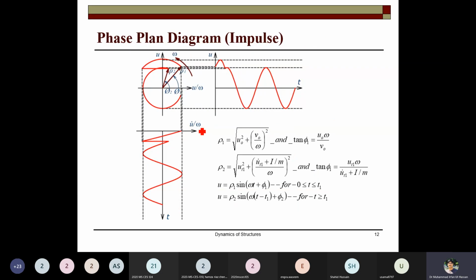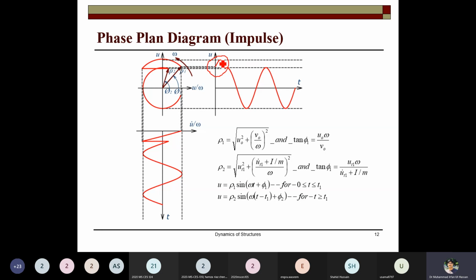Now the next case is when there is an impulse. This is another case where some extra vibration is given, which is not part of the system, but it affects our system. When some extra initial impulse is generated, the impulse is basically equal to the mass times the velocity.